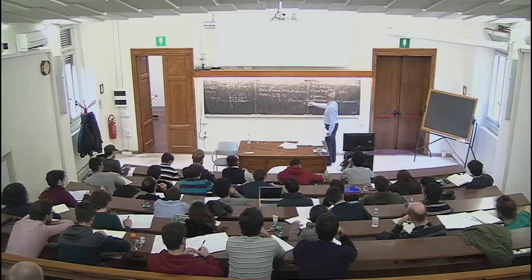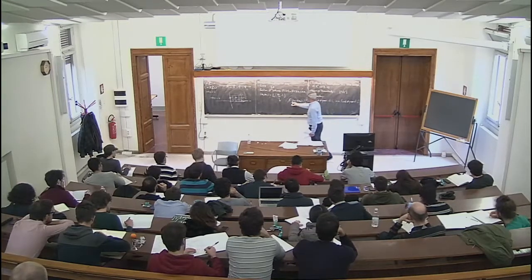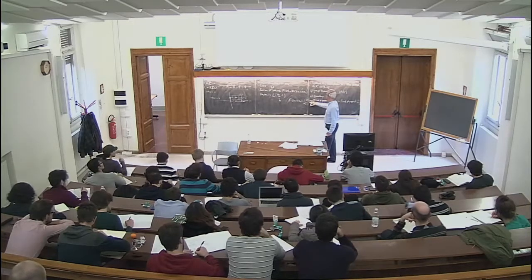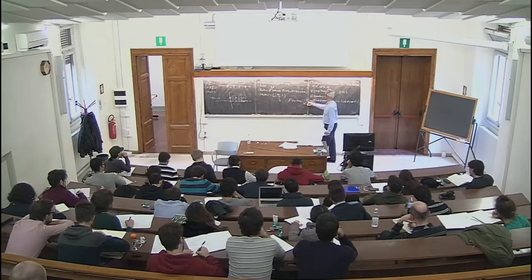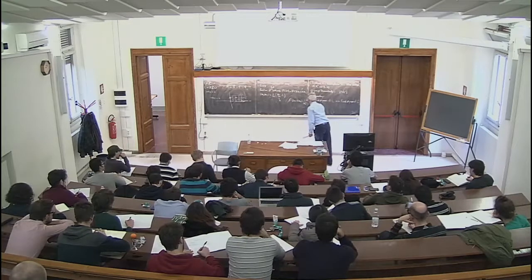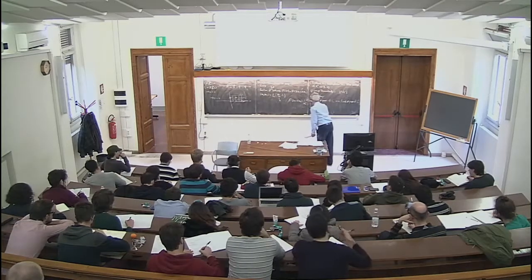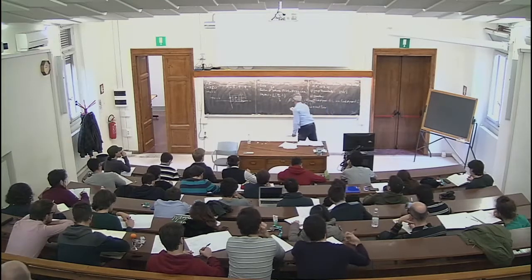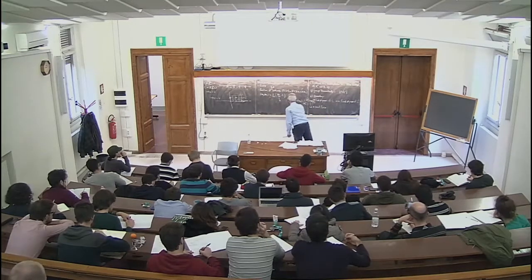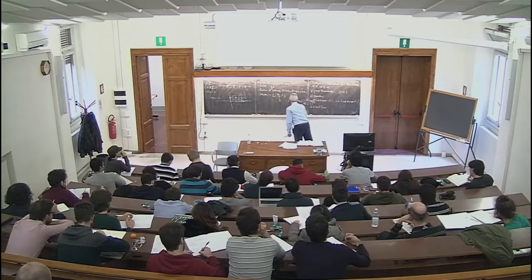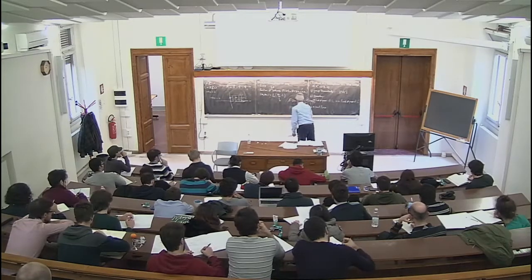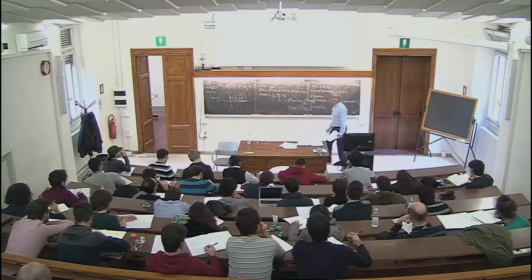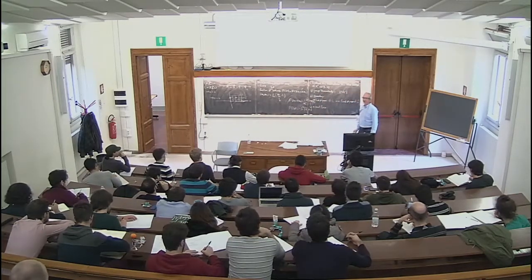And the relationship between the two is that if f is a weight k modular form, then f is a function of a lattice such that when I rescale the lattice, the function rescales by the rescaling factor to the minus k.